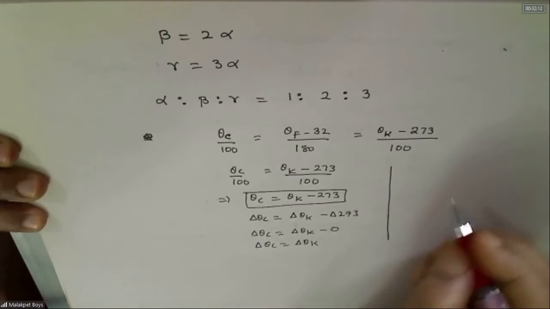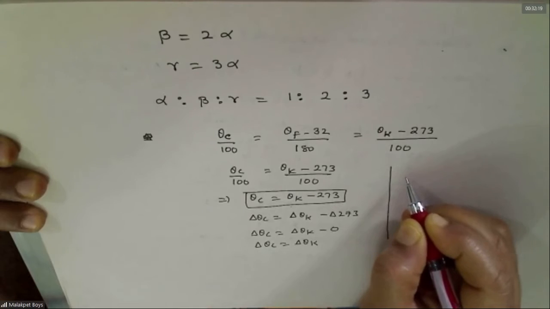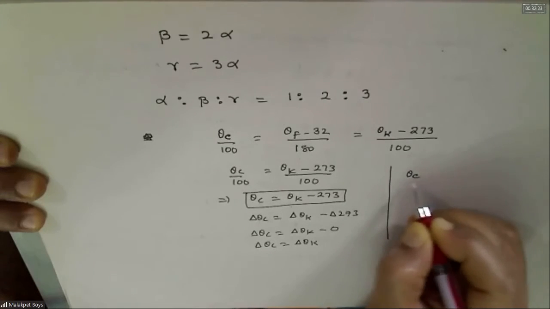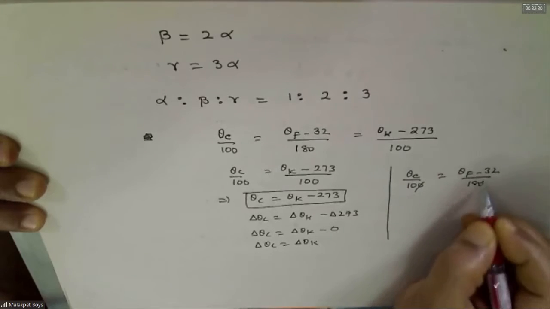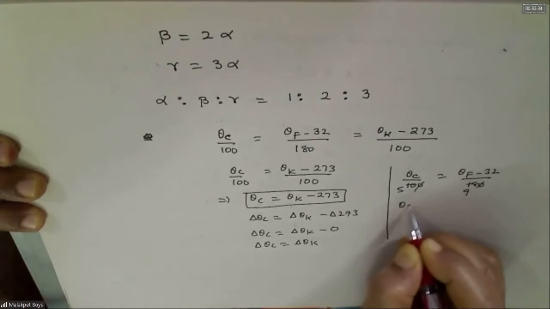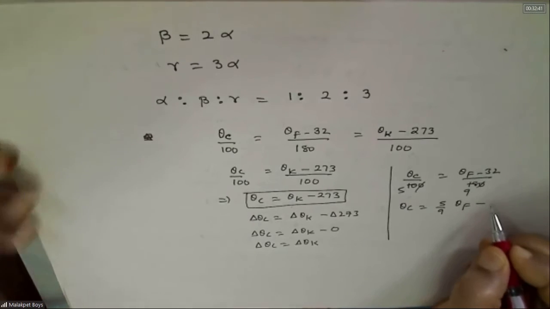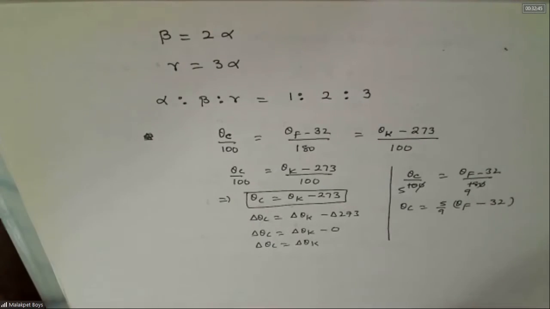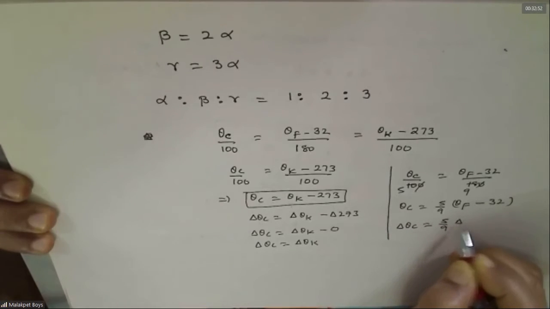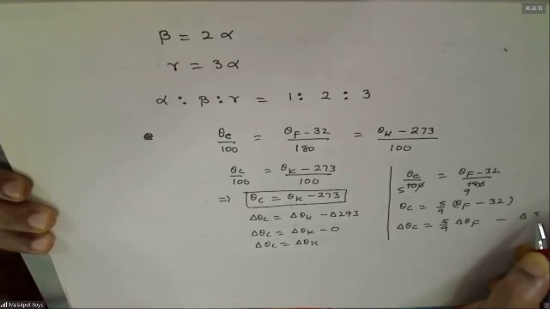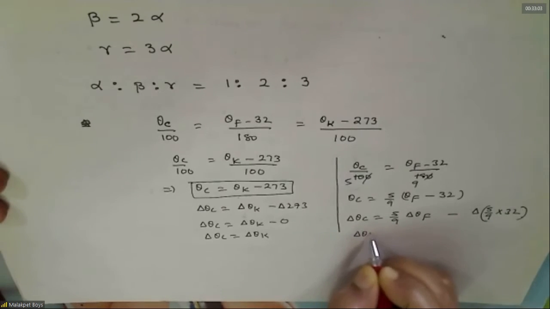Since 273 is a constant, its change will be 0.